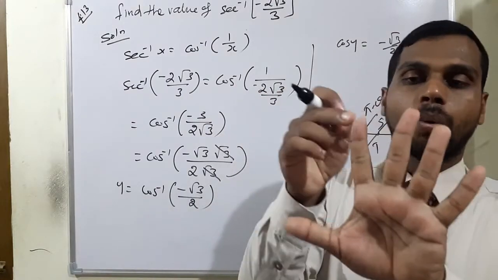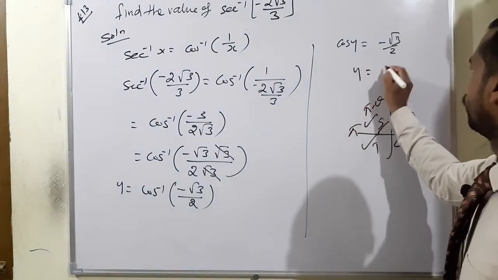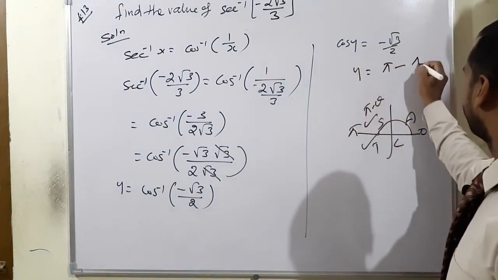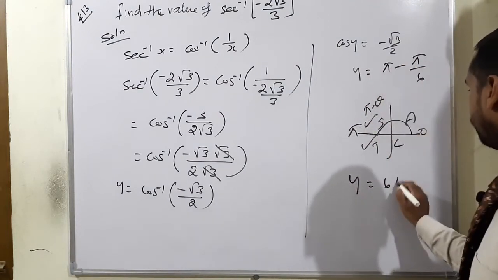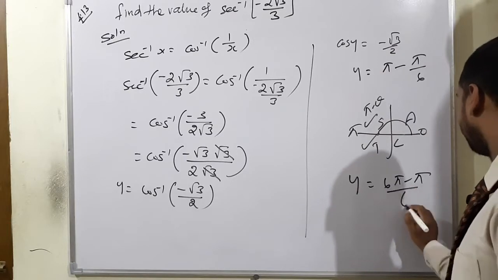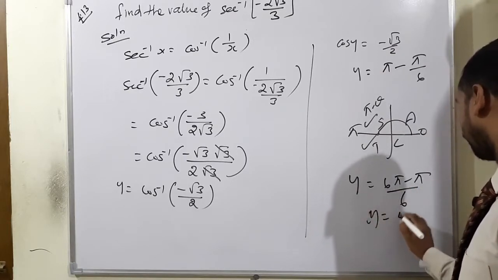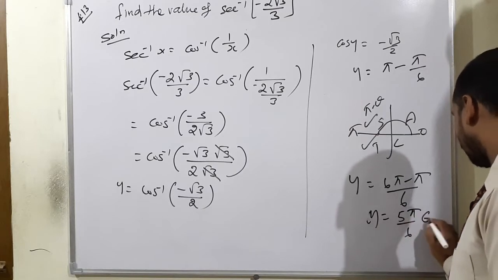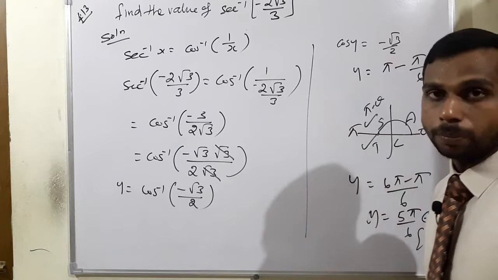Therefore, pi by 6. Therefore y is equal to pi minus, instead of theta we can write pi by 6. Therefore y is equal to, cross multiplying, 6 pi minus pi by 6. Therefore what is the value? 6 pi minus pi means 5 pi by 6. It belongs to 0 to pi. This is the answer for example 4.13.